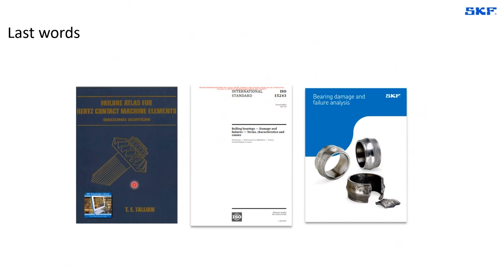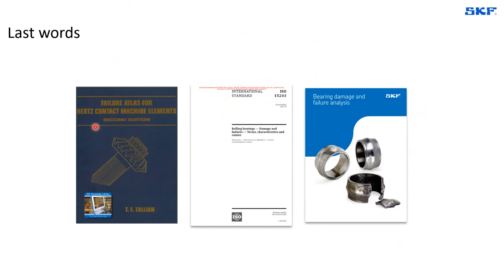And there are more publications that you will find. This is a very traditional one from a former SKF engineer, Italian, that was written and reprinted several times, the Failure Atlas in Hertzian Contact Machine Elements, which covers bearings and gears, basically.